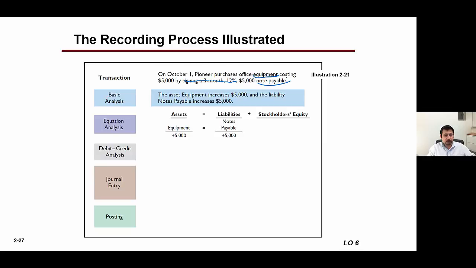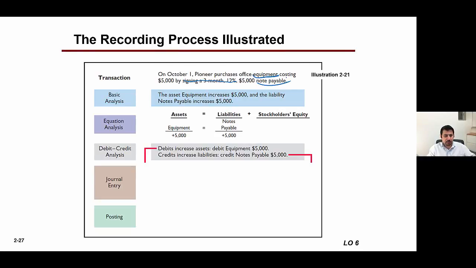As a result, when there's an increase in an asset, we debit the account. So we debit equipment 5,000, and liabilities, when they increase, we credit the account, so we credit notes payable 5,000.